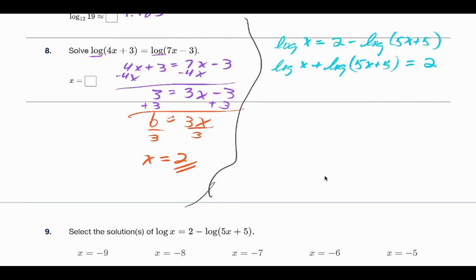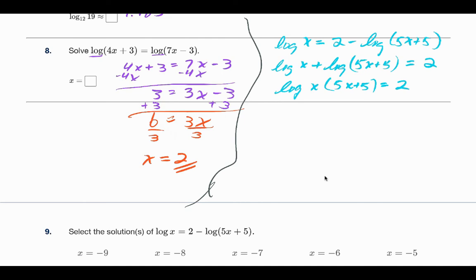So now that I have the logs on the same side, now I have that plus, so I can say log of x times 5x plus 5 is equal to 2. All right, so now there's 2 ways you can do this.